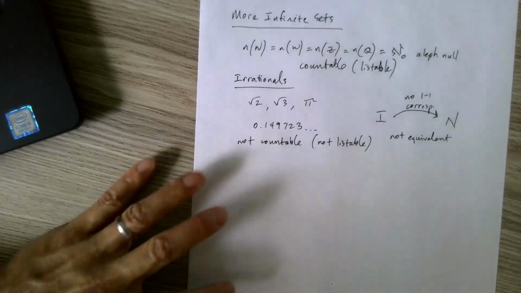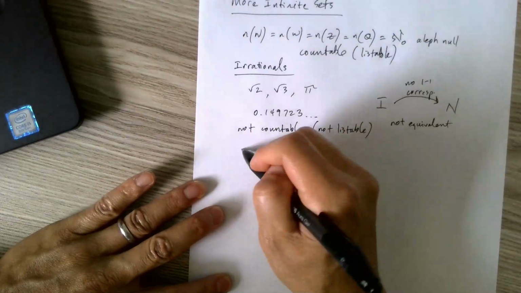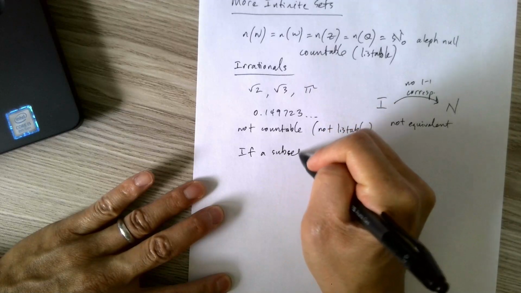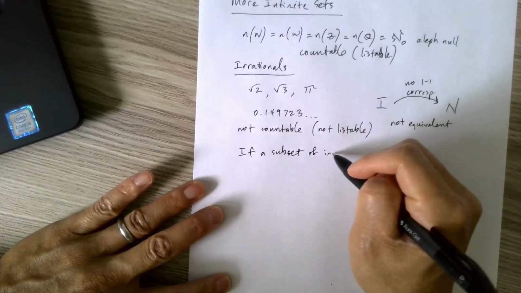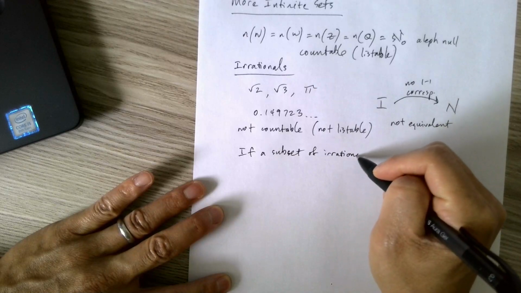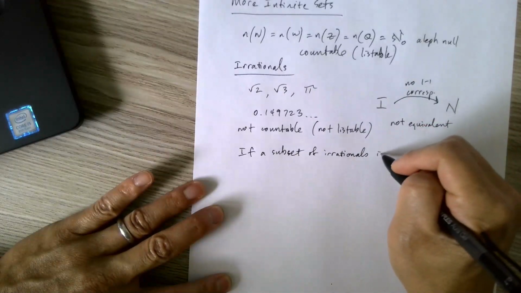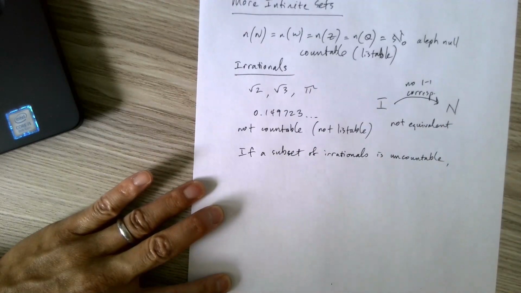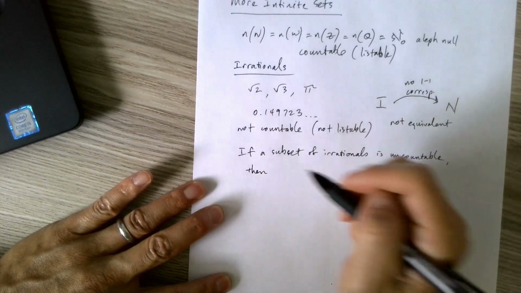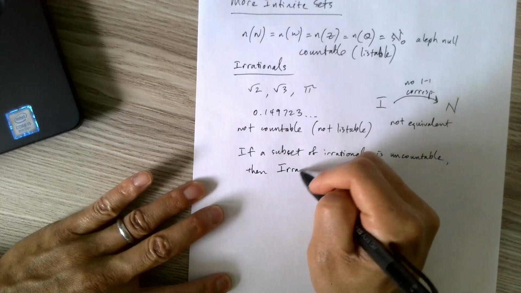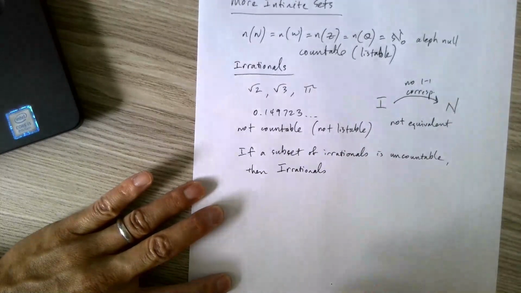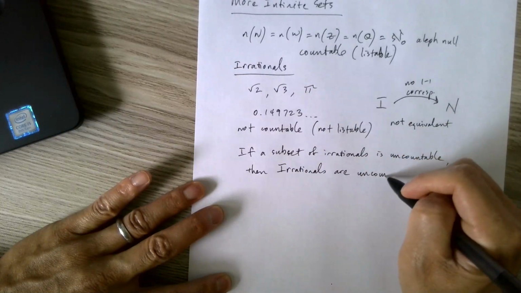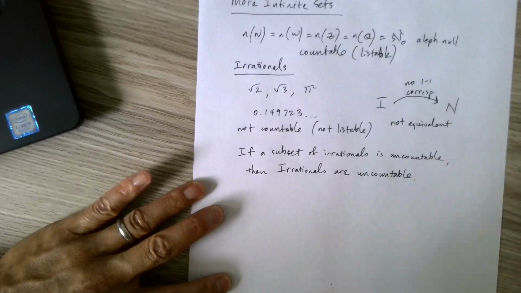So here's my hypothesis. If a subset of irrationals is uncountable, then irrationals, the set, all of them, are uncountable because they have a portion that's uncountable.